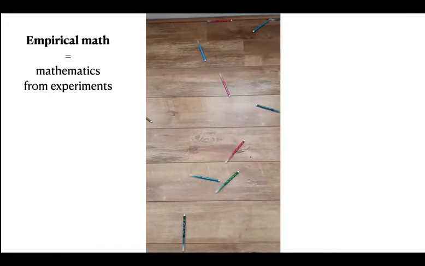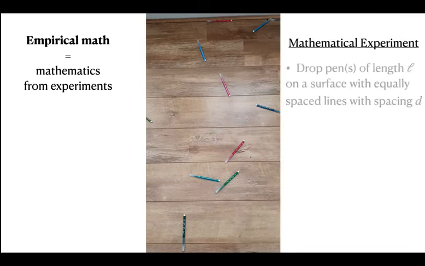Right, so let's summarize a little bit what this experiment is about. We first need to drop pens or needles, whatever you have at your disposal. This can be toothpicks, chopsticks, whatever, of a given length L. For this experiment to work, you need the length of these needles to be smaller than the spacing between the lines you are looking at for the crossing.